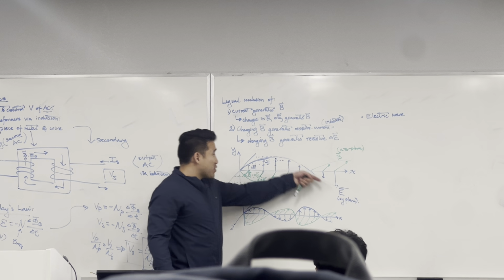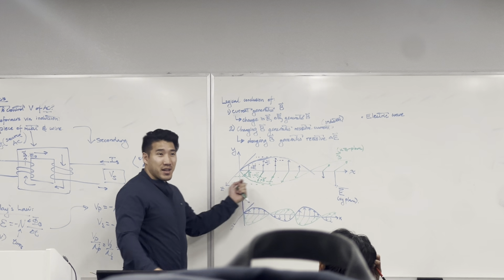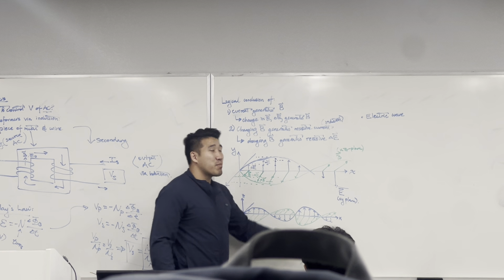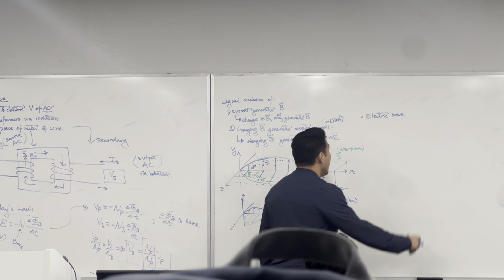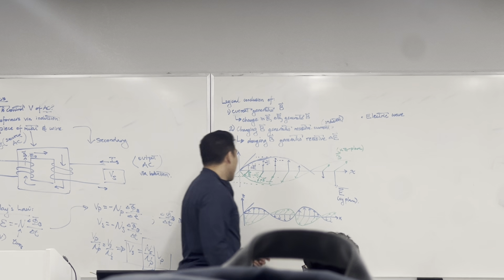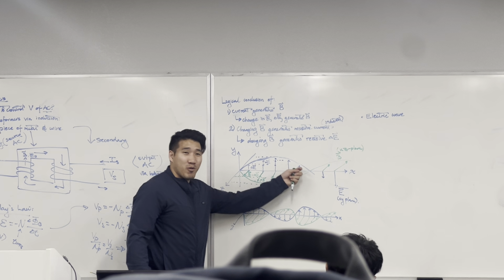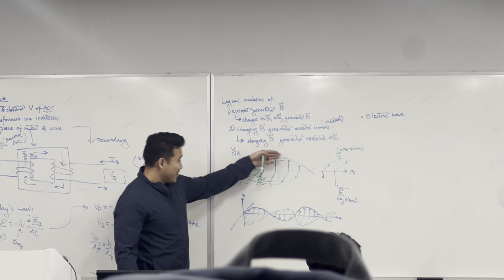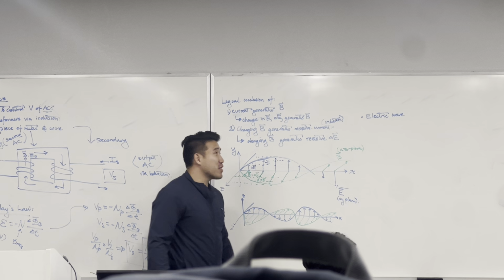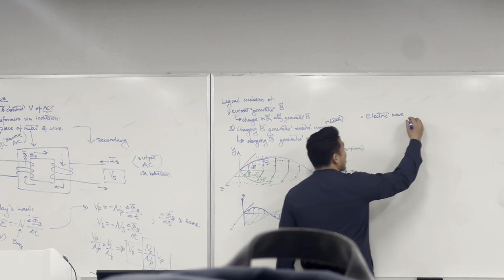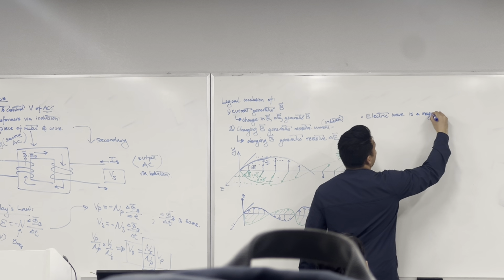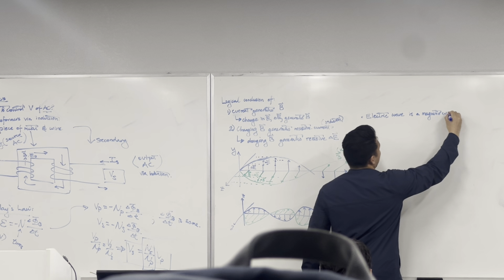But when this electric wave was generated, what happened? We got a corresponding magnetic wave. And this magnetic wave is what led to the electric field actually turning into a wave. So we can say electric wave is a magnetic wave.